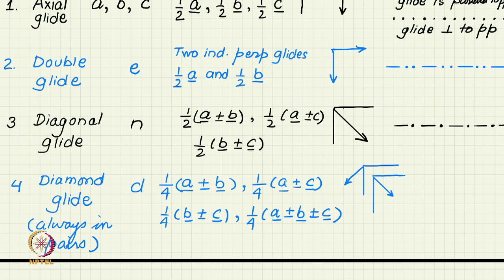One plane will have a diagonal glide in one direction, then the next plane will have a diagonal glide in the other direction.